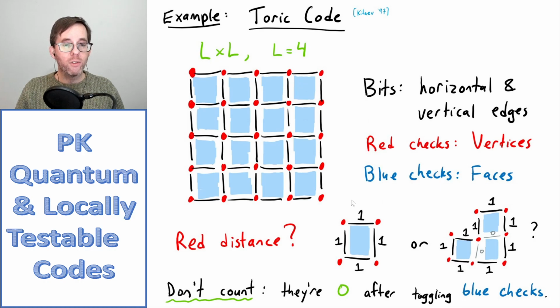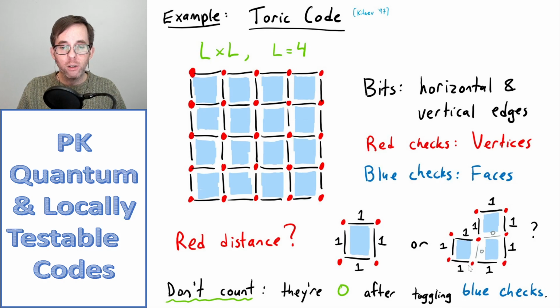Some red vertices are far from this chosen square, and therefore they're incident on 0 1s. But for this particular chosen square, its corners are incident on an even number of 1s. Which looks bad, but remember this doesn't count because you can achieve this code word of 4 1s by toggling a blue face.